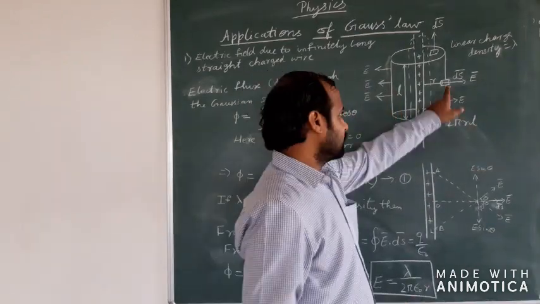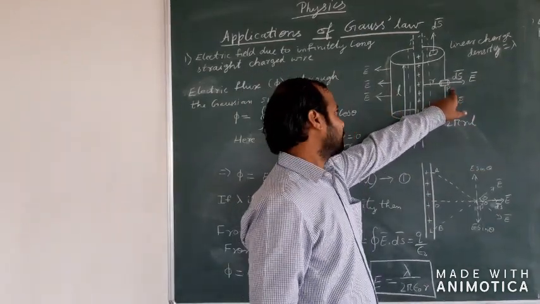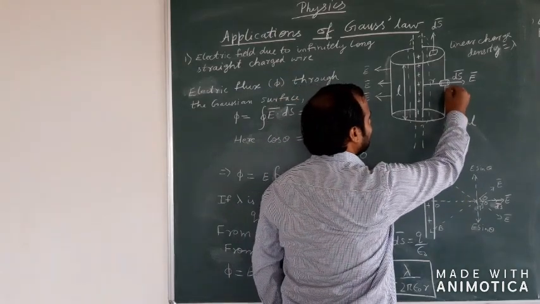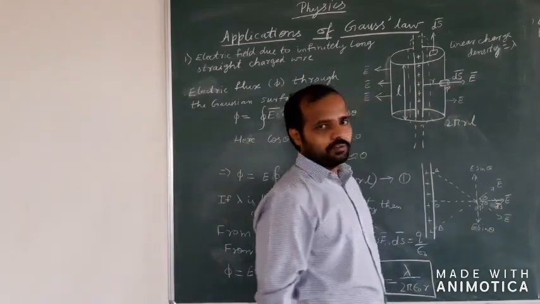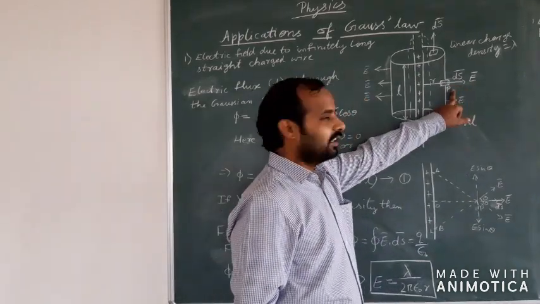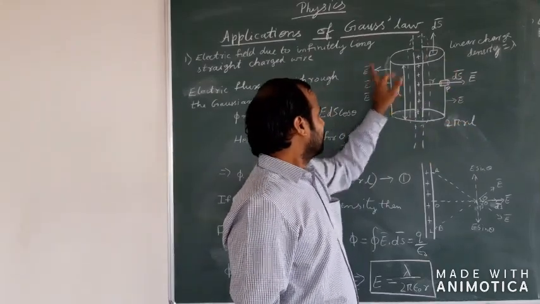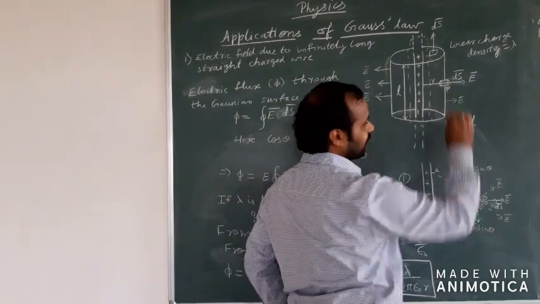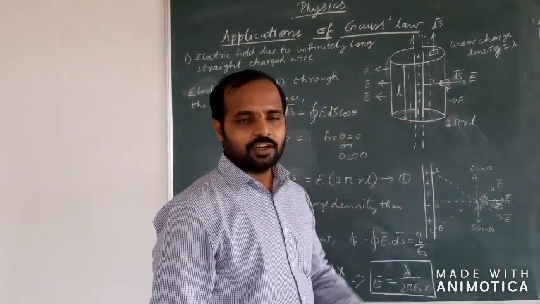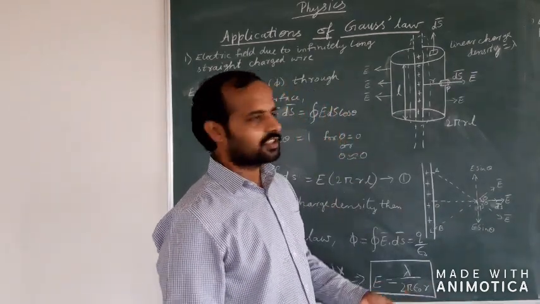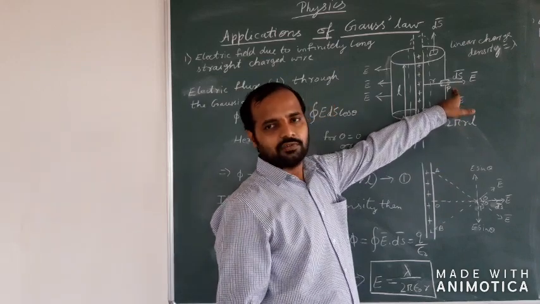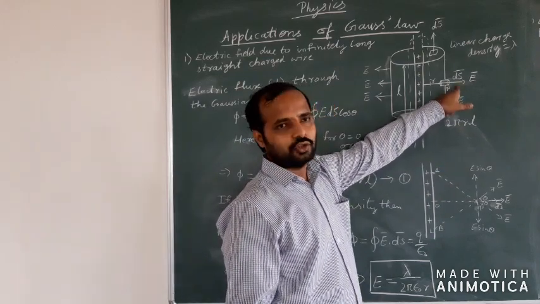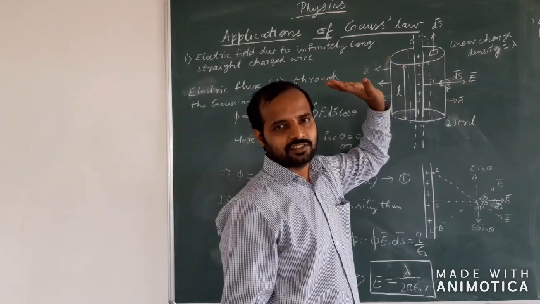Now just look over here, you can see that the point P at which we have to find the electric field is a part of the cylindrical surface. It is just a point on the cylindrical surface. Whenever we take a Gaussian surface, it should be such that the point at which we are going to find the electric field is a point on that Gaussian surface itself.